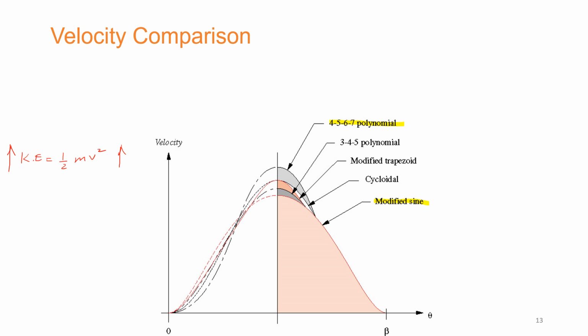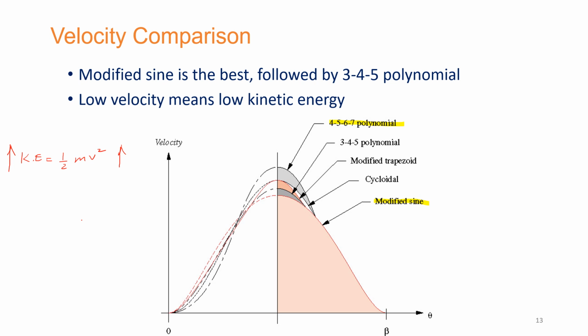So in case of velocity, on similar grounds you can make comparisons. Modified sine turns out to be the best one, followed by 3, 4, 5 polynomial, and the one which is adversarial is 4, 5, 6, 7 polynomial.